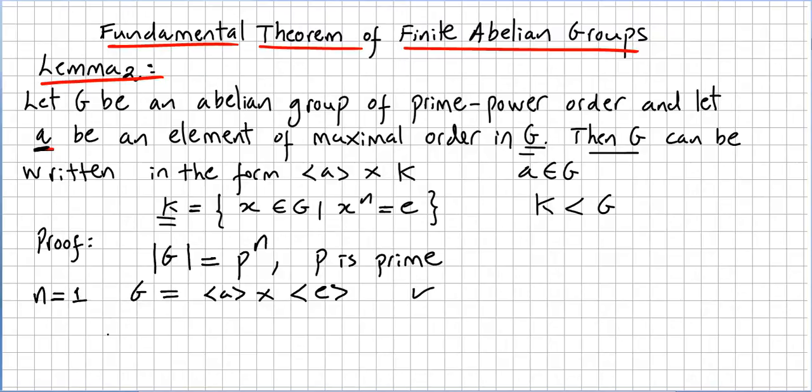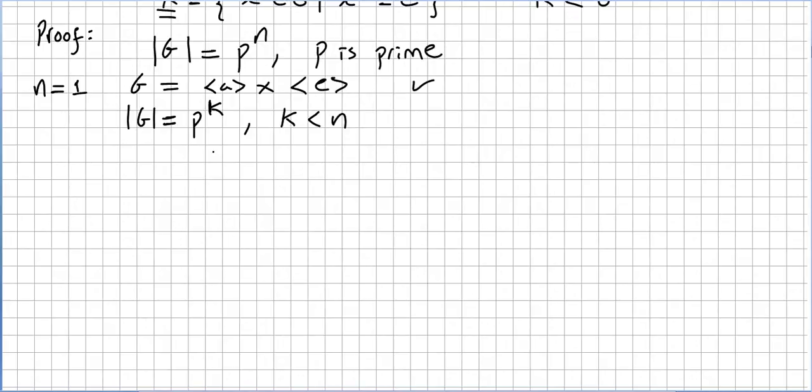So let us say that this is also true for G of order p to the power of k, for a fixed k. Of course k has to be smaller than n. So we go back to the group G and we choose an element A, where A is of maximal order.